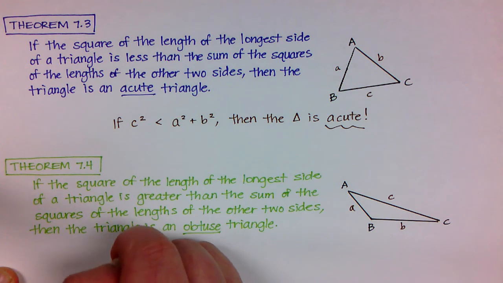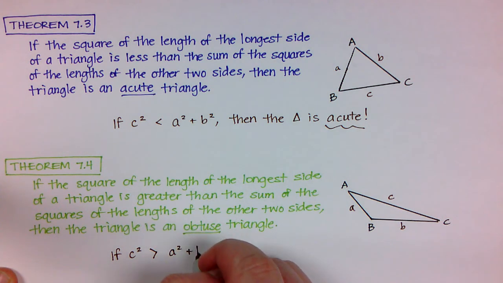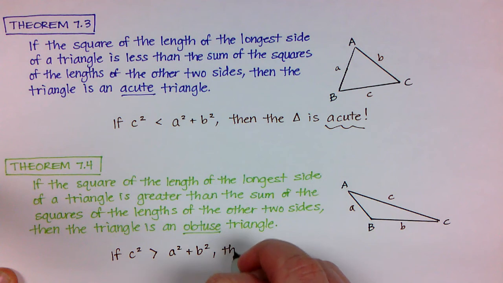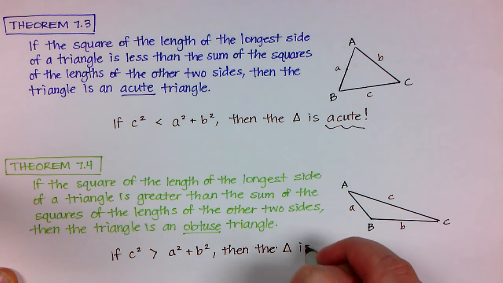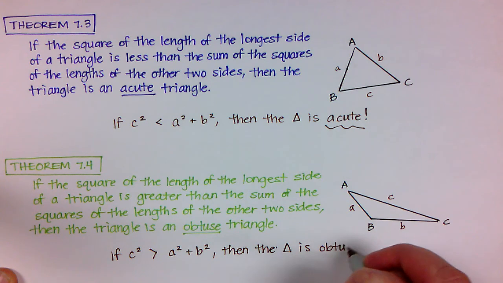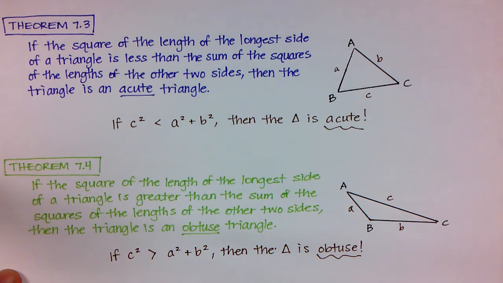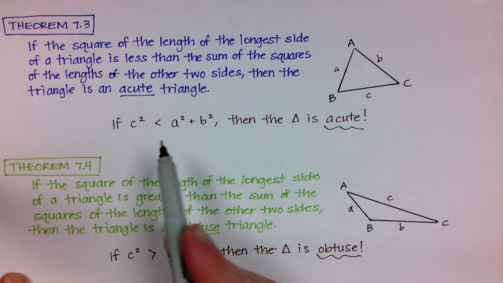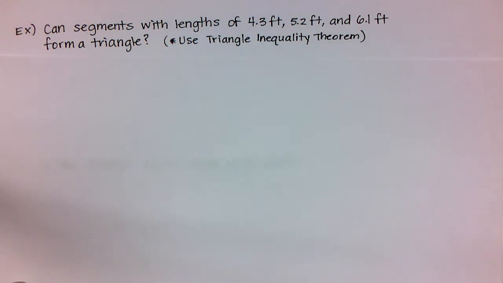So this one is now saying that if when you find c squared, if it holds true that it's greater than the sum of the squares of the other two sides, a squared and b squared, then the triangle is obtuse. Okay, so if it's equal, it's going to be a right triangle. If it's less than, it's going to be acute. And if it's greater than, it's going to be an obtuse triangle. Sweet. So we're going to finish off with one last example.